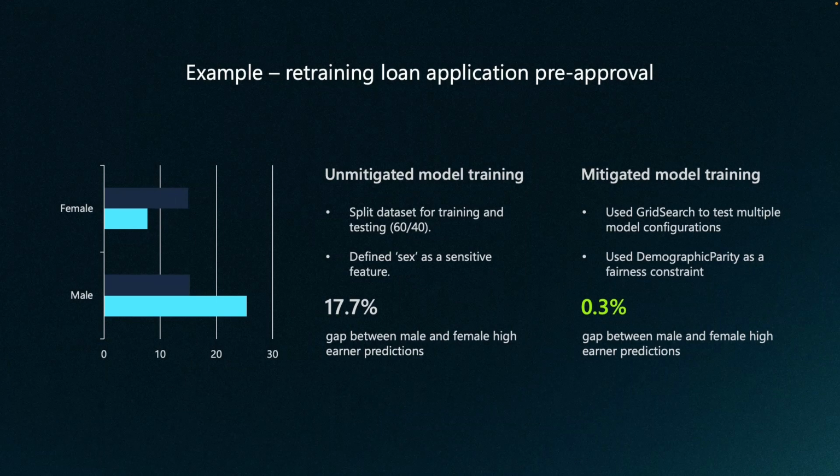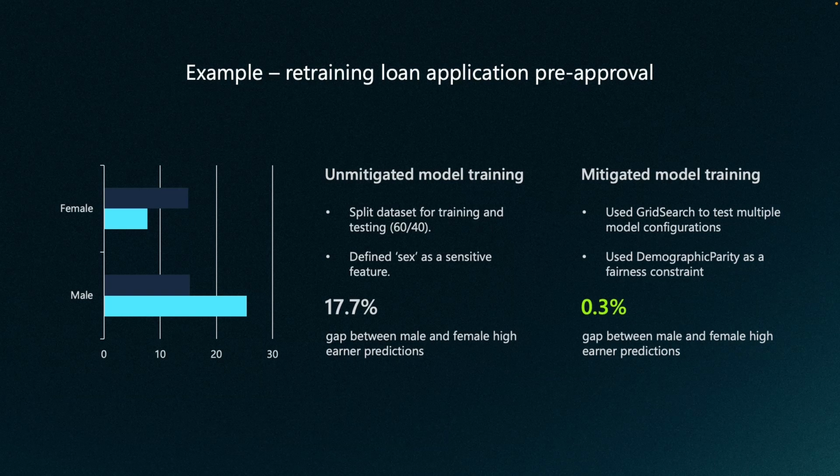The output of that was that we had bias, a preference to males over females. In fact, the gap between male and female was nearly 18%. So 25% of the time, males were being predicted as high earners, and only nearly 8% of the time, females.